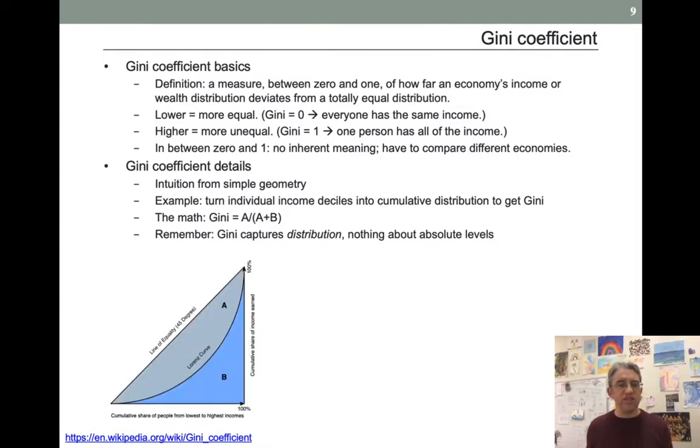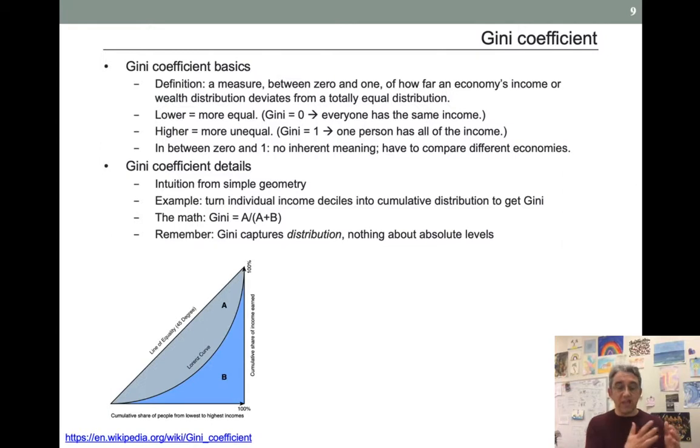The Gini coefficient is the area A over A plus B. So this number can vary quite a bit, and we'll see that with our detailed examples shortly. Now remember, the Gini captures distribution. It doesn't tell you anything about absolute levels of wealth. That's pretty important.